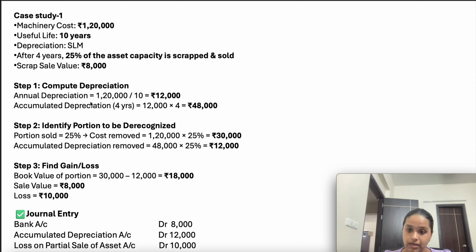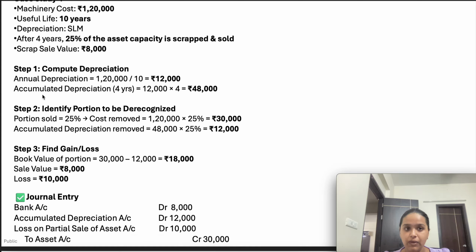So the book value of the 25% portion is 18,000, and we sell it at 8,000 only. So 10,000 is our loss.